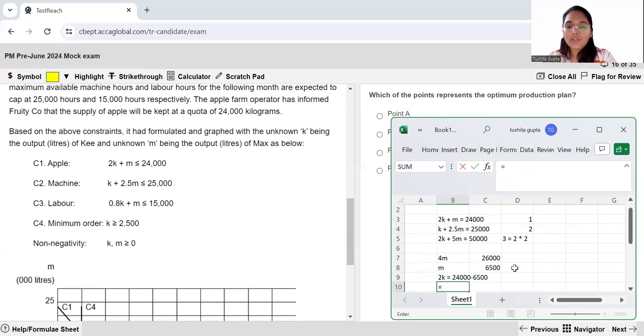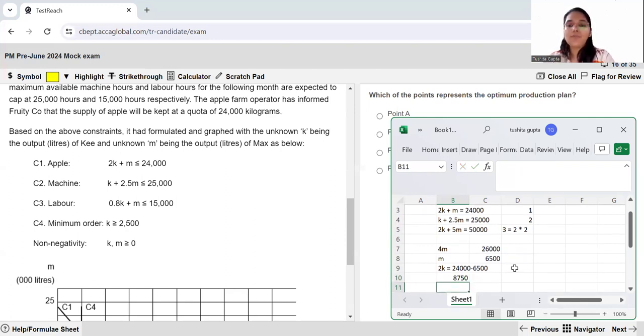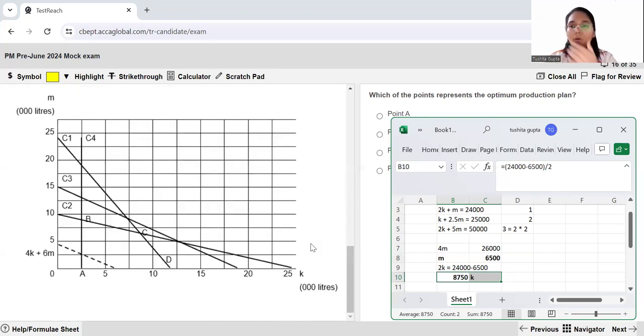So my K is going to be equal to 24,000 minus 6,500, divided by 2. So this gives me the output of M and K that I am going to be producing. Now let us see where it lies on your graph.